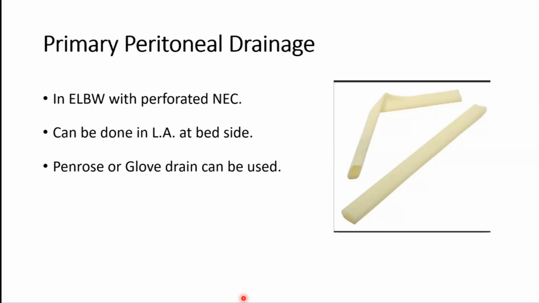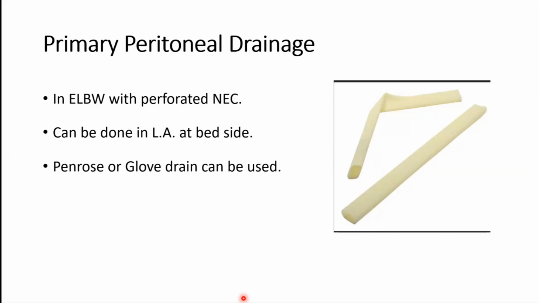But a recent meta-analysis done in 2021 showed increased morbidity with peritoneal drainage, but controversy is still going on about the selection of patients taken for primary peritoneal drainage. In short, what is concluded is that in sick babies, in extremely low birth weight babies with perforated NEC, primary peritoneal drainage should be done, and where you cannot take these babies to the OT.